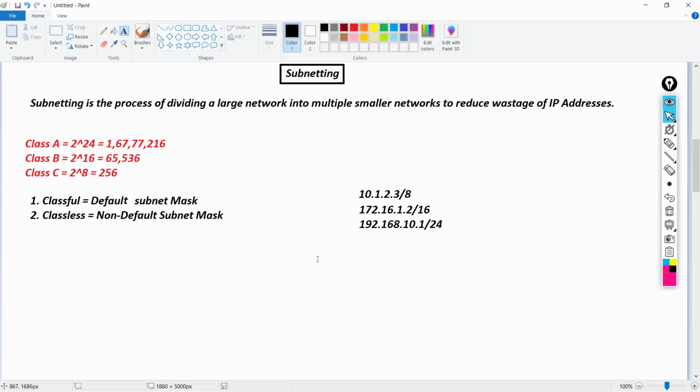Note it down there. Only the network bits it will give.